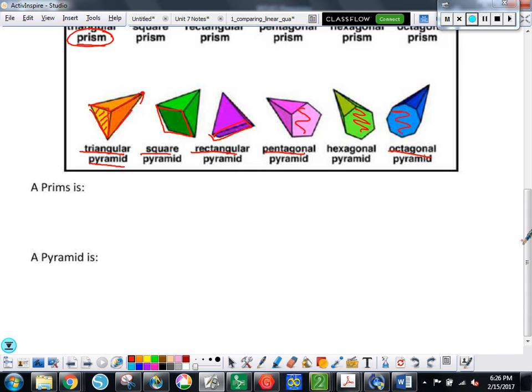So, my typo, a prism is a solid figure with two parallel bases.